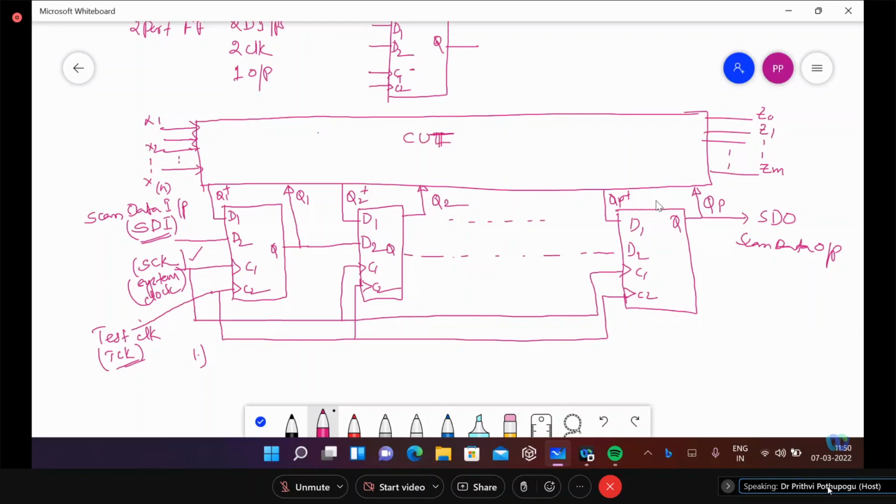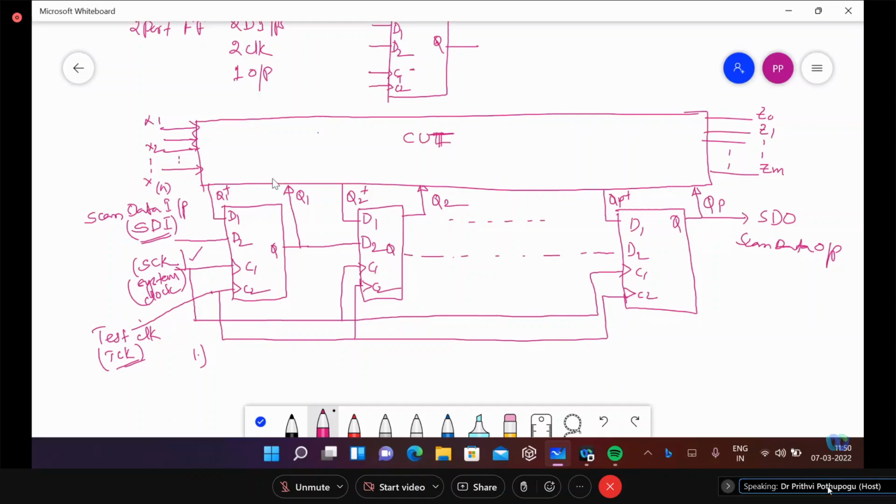What I am telling is for the testing procedure only. If it is for normal operation, use the system clock and take these inputs.